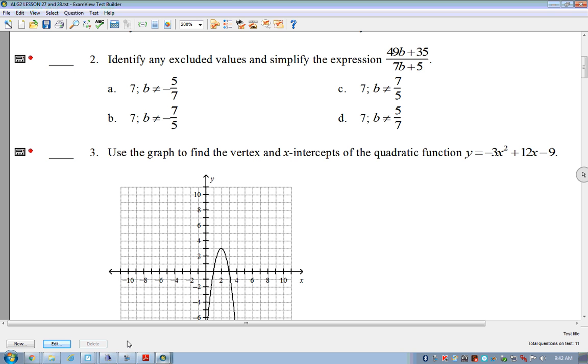We want to identify any excluded values and then simplify the expression. So we need to find the excluded value. What can I not have in the denominator? Zero. How do I find out what the excluded value is going to be then? How do I find the excluded value of this expression if the denominator cannot be 0? I just want the excluded value for now.